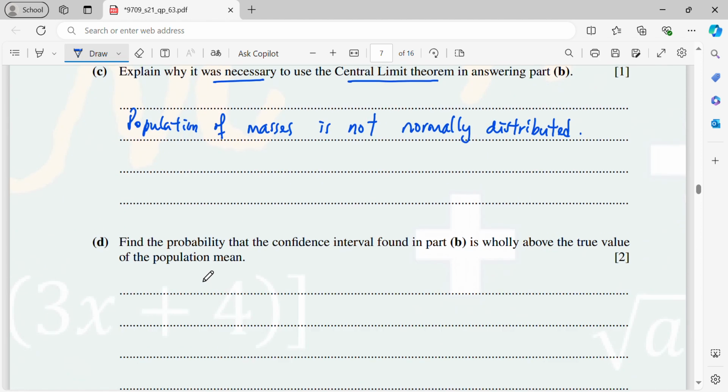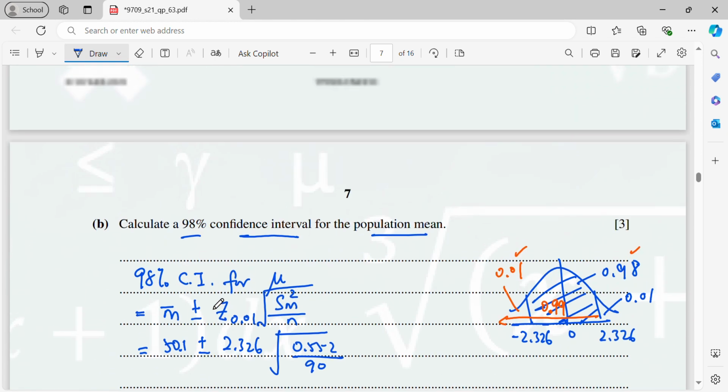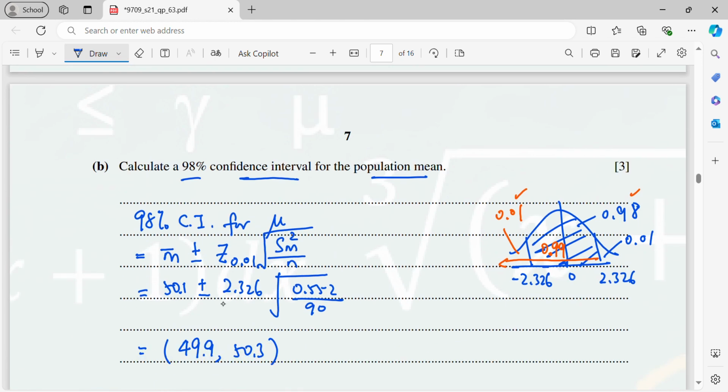Okay, D, find the probability that the confidence interval found in B is wholly above the true value of the population mean. Okay, probability that the confidence interval is above. Now look at here. The confidence interval is 0.98.